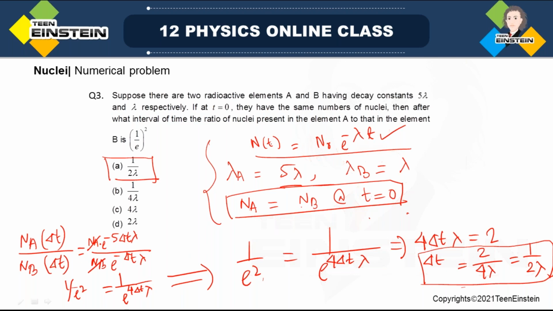So when I take the ratio, those things are equal, that's why I have struck them out. And in the given question, after delta t time interval, the ratio is 1 by e square. So that is what I have written in the left hand side. And in the right hand side, upon simplification, what I get is delta t is equal to 1 by 2 lambda. So this is how you have to solve this problem. So option A will be the correct answer for this question.